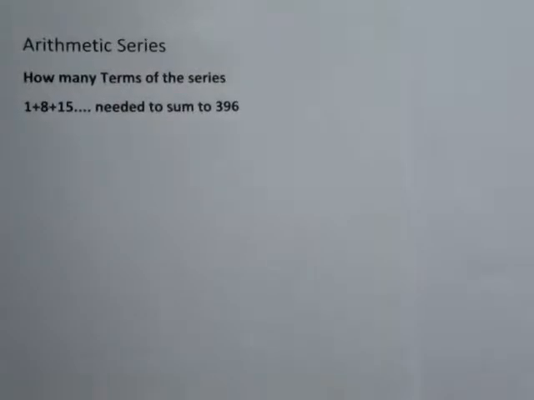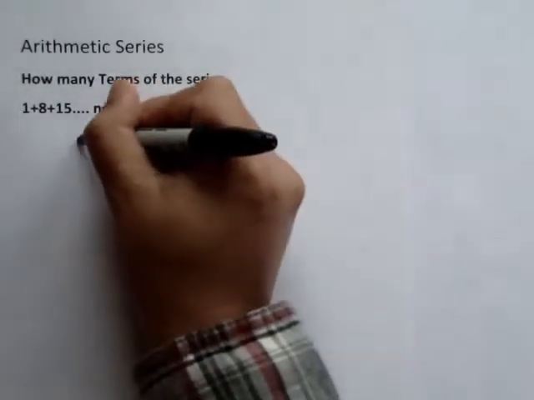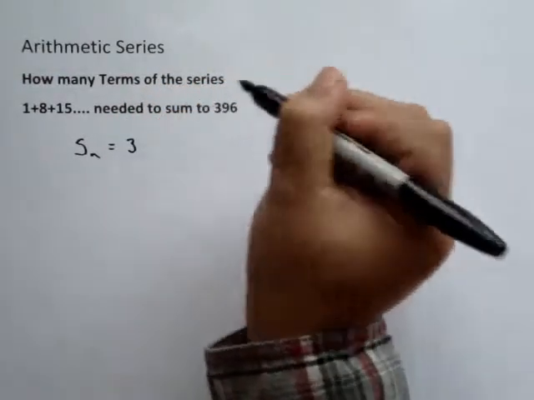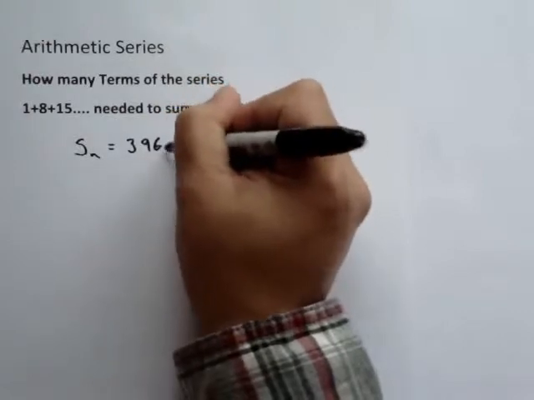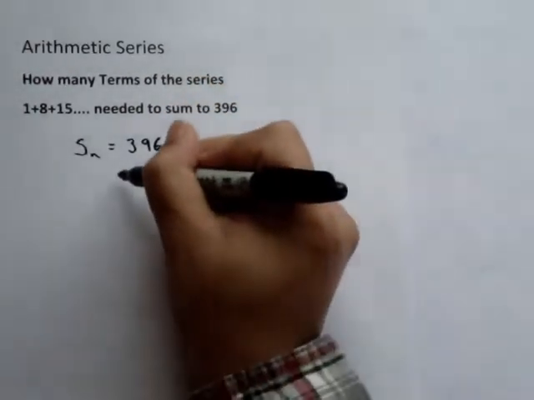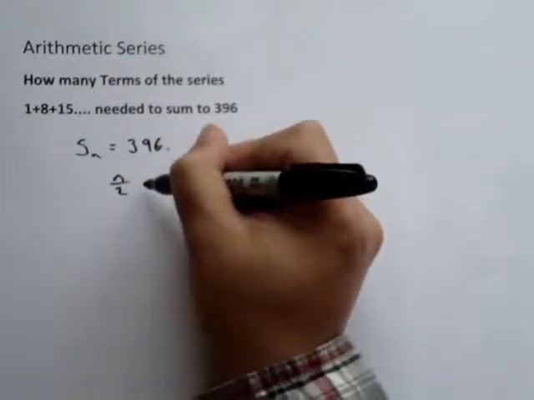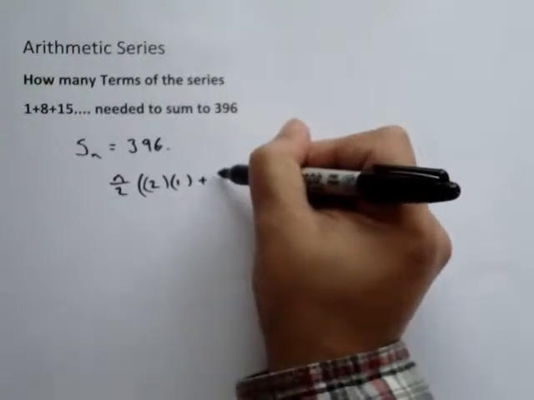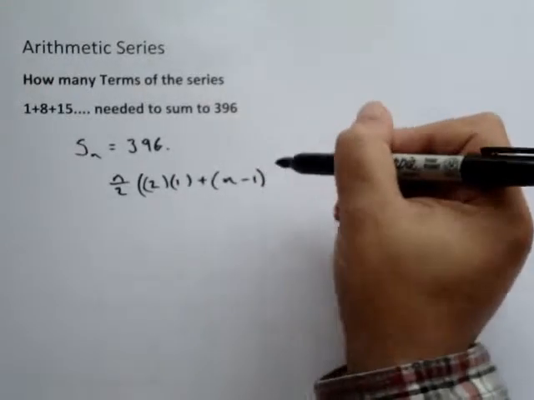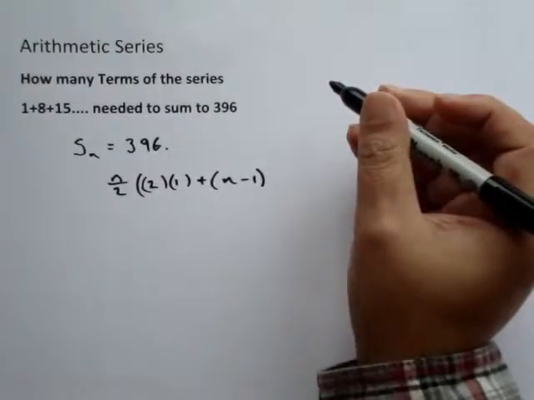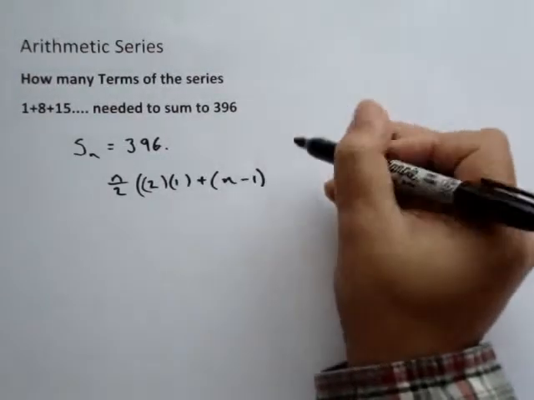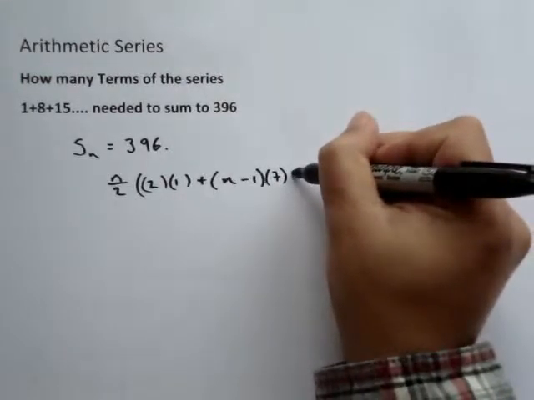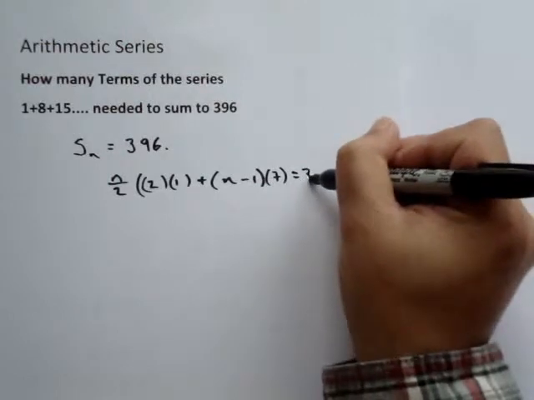So in this case we've got the sum Sn equals 396. So again, when we plug that into our formula, we get n over 2 multiplied by 1 plus n minus 1, and the common difference here is 7, equals 396.